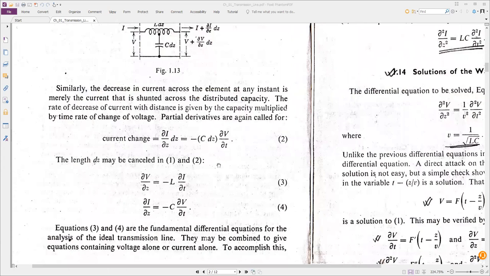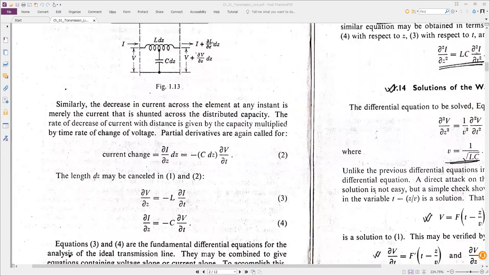Now, what would be the current change? Similarly, look here. The current change is del I by del z into dz, which is equal to minus C dz del V by del t. The decrease in current across the element at an instant is merely the current that is shunted across the distributed capacity. The rate of decrease of current with distance is given by the capacity multiplied by the time rate of change of voltage.